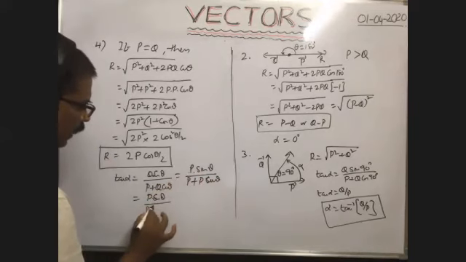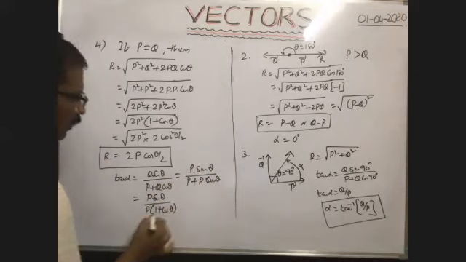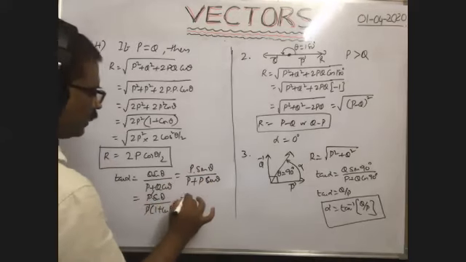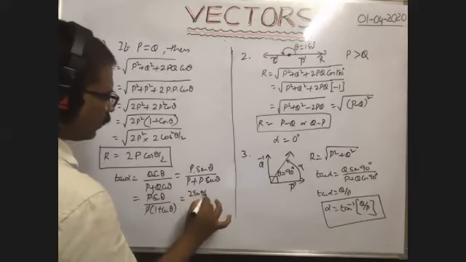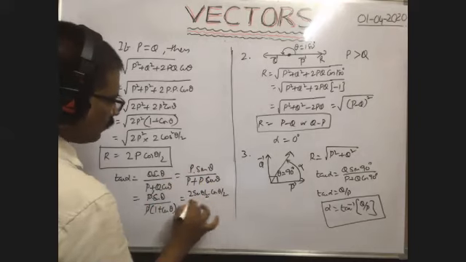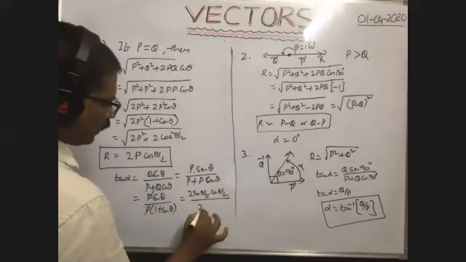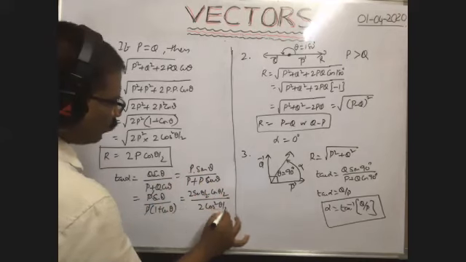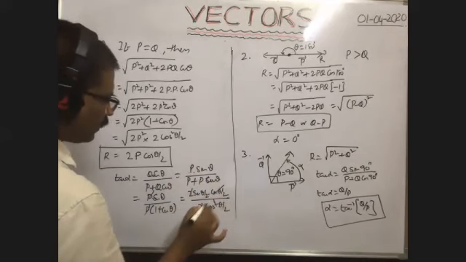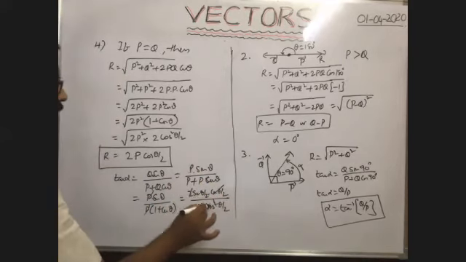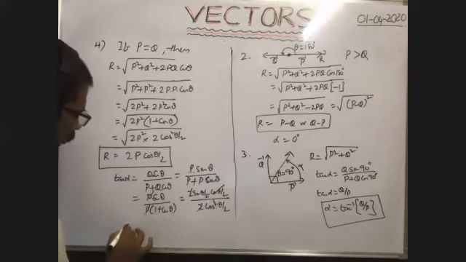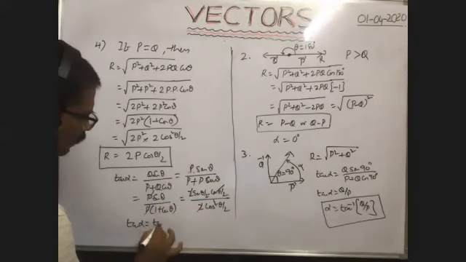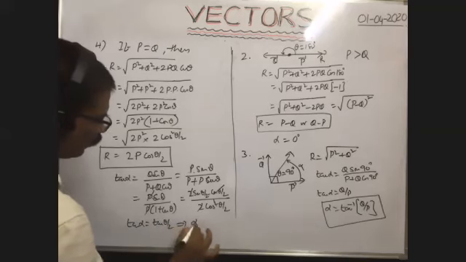Here P you take common, 1 plus cos theta, so P cancels. Sin theta can be written as 2 sin theta by 2 cos theta by 2, and 1 plus cos theta can be written as 2 cos square theta by 2. 2 cancels, and one cos theta by 2 cancels. Therefore, sin theta by 2 by cos theta by 2 means tan theta by 2. So tan alpha is equal to tan theta by 2, so alpha is equal to theta by 2.